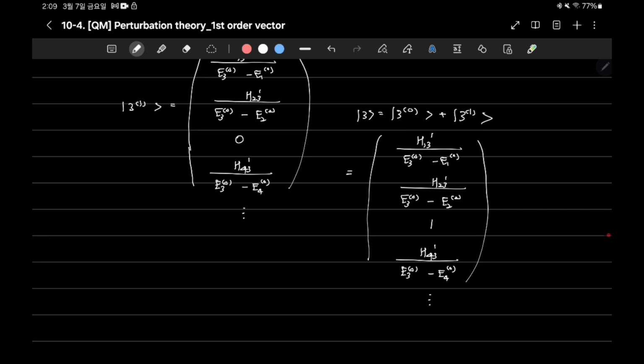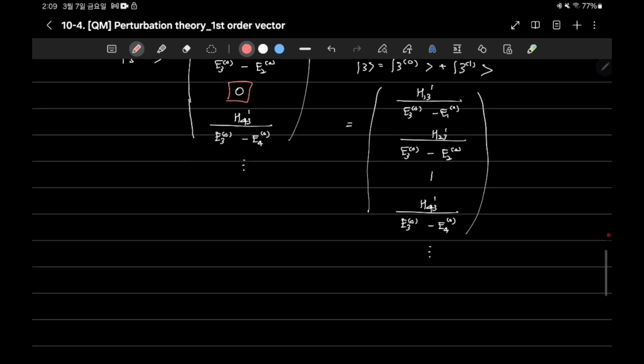Here we should remind that it is a 0. So in general case, C and M is the coefficient of each state, H and M prime over En0 minus Em0.